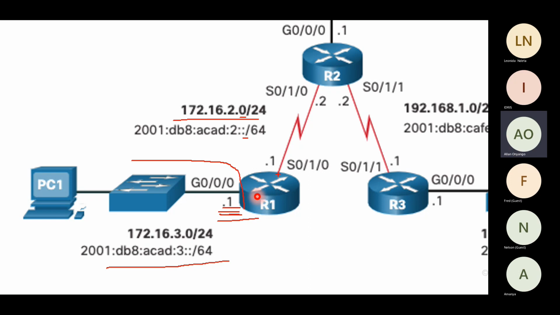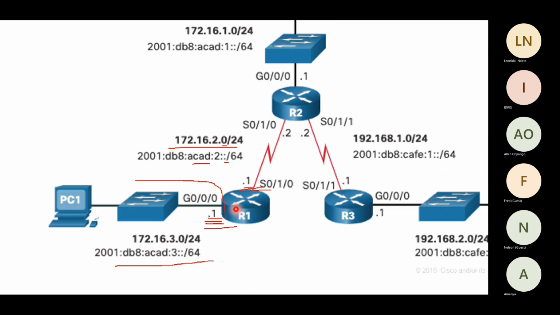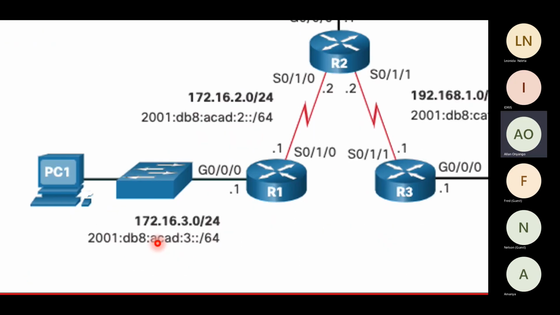So the IP address of serial 0/1/0 is 172.16.2.1, and the IPv6 is 2001:DB8:ACAD:2::1/64. All right, so I want you to look at this from R1 here.